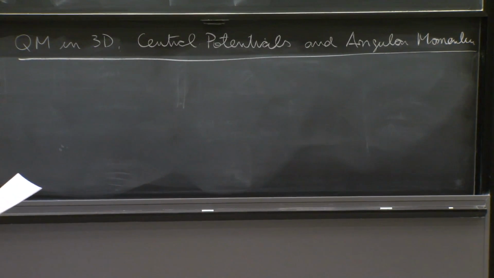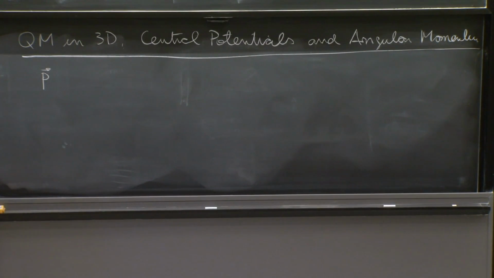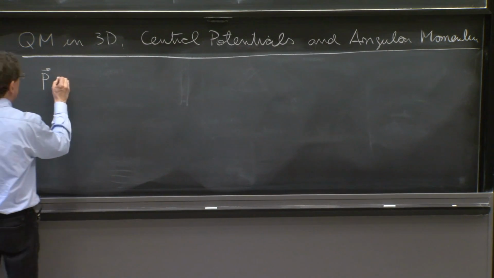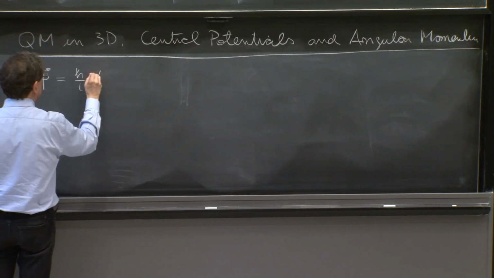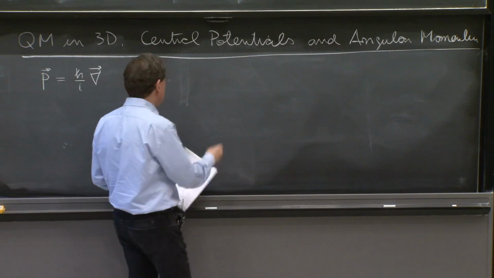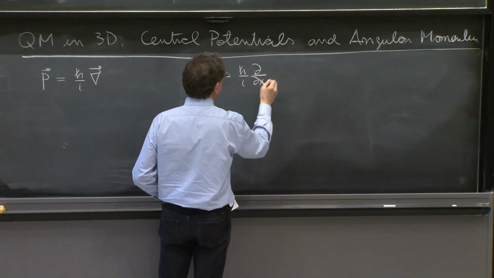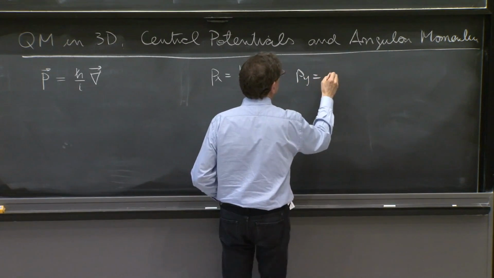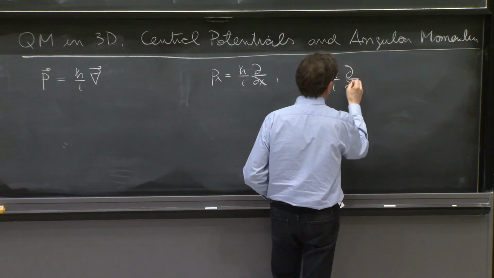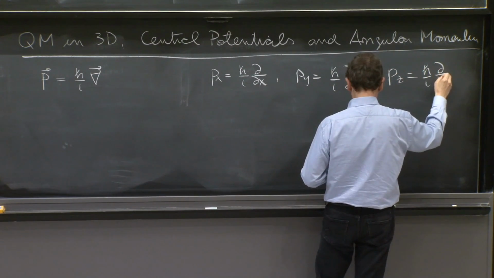And let's begin by mentioning that if we are in 3 dimensions, and many things we did so far in this course, we always took the time to write them in 3 dimensions. So we wrote this, for example, as a generalization of the derivative form of the momentum operator, meaning there's a px, which is h bar over i d/dx, py, h bar over i d/dy, and pz equal h bar over i d/dz.